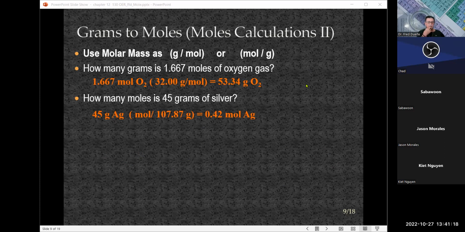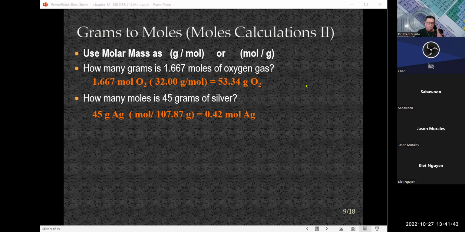So here's an example where you're given grams and you need to convert to moles. Why would you do that? Because maybe you need to react silver with something else, and you have to determine how many moles of something else you need to run that reaction.